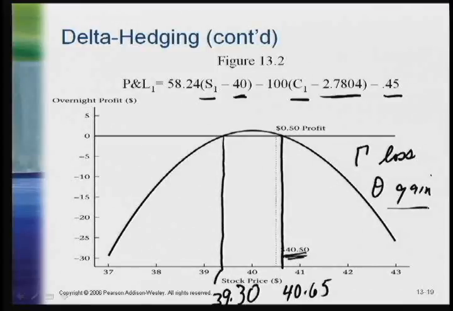And then what happens is that as one looks at bigger stock price moves, the gamma loss increases, and of course the theta gain is fixed. So one could imagine that the actual theta part of this gain, if we subtracted it, would be a constant. If we looked at this profit and loss minus the theta gain, it would look something like this.